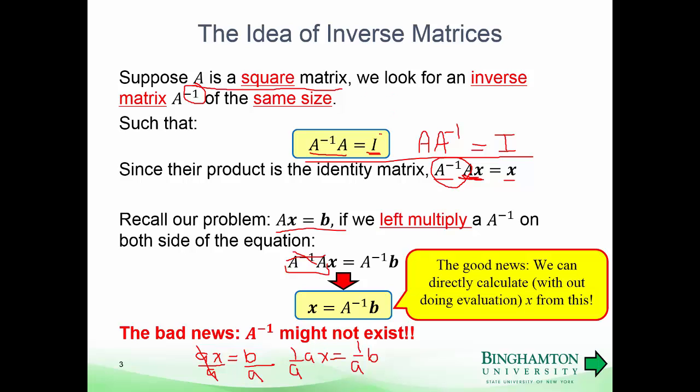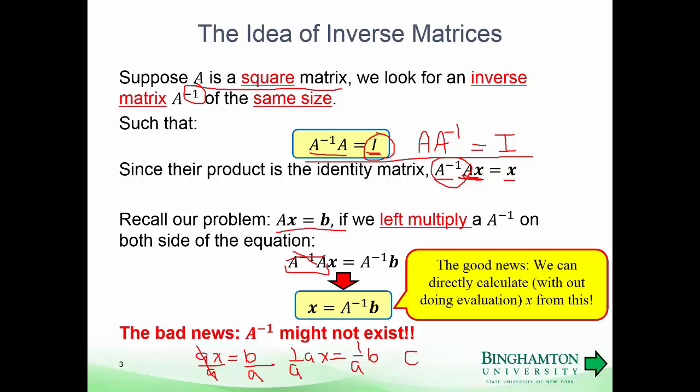Remember, 1 is the scalar version of the identity matrix, or better to say it the other way around, the identity matrix is the matrix version of the scalar 1. And so I've isolated x to give me the solution. And so the solution is 1 over A times b.